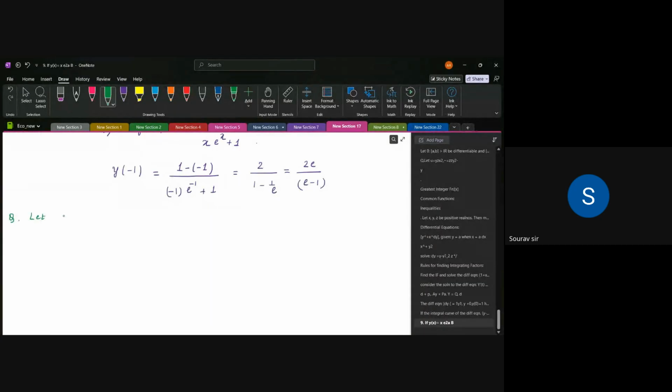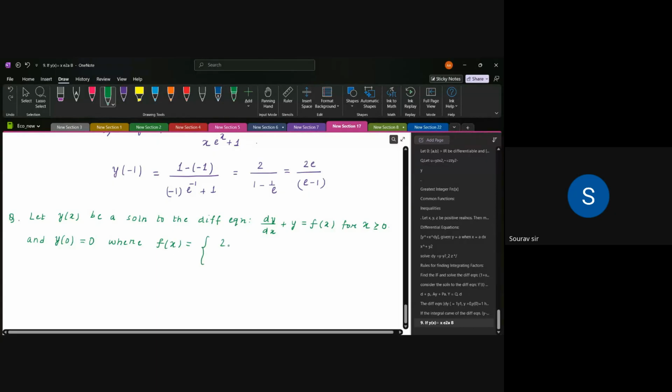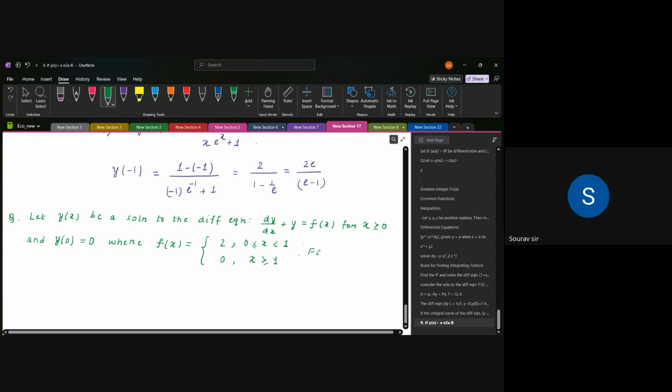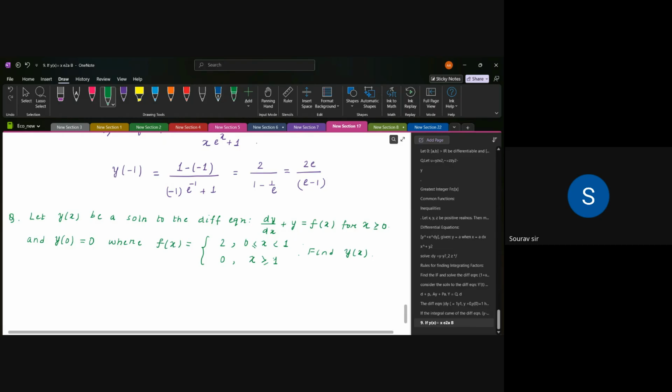So let y of x be a solution to the differential equation dy by dx plus y is equal to f of x for x greater than or equal to 0, and y of 0 is equal to 0, where f of x is equal to 2 for x lying between 0 and 1, and it is 0 for x greater than or equal to 1. We want to find y of x.